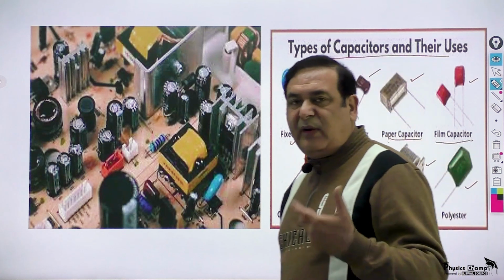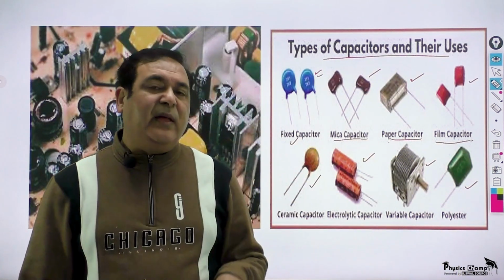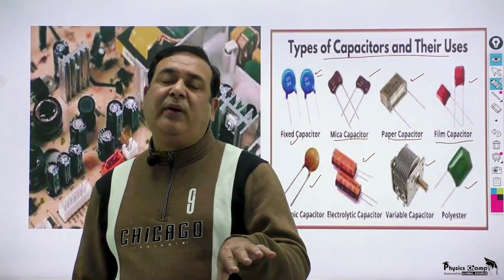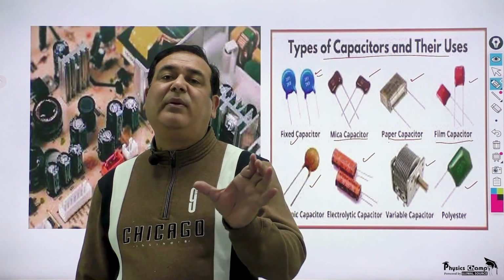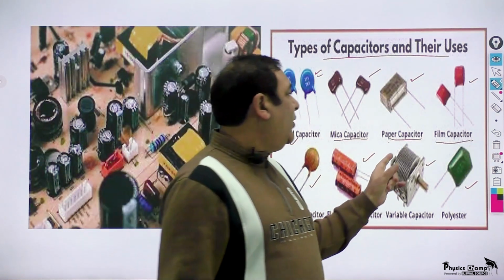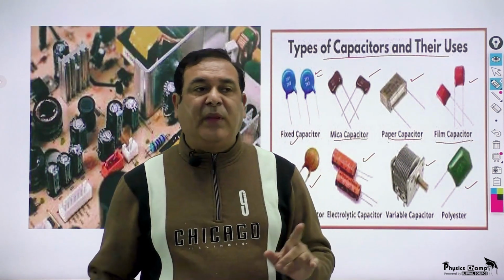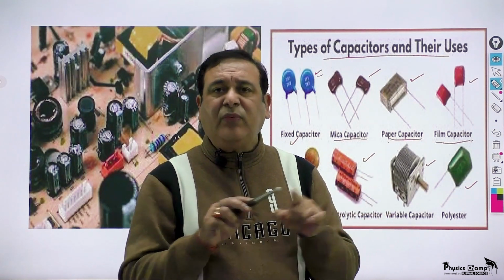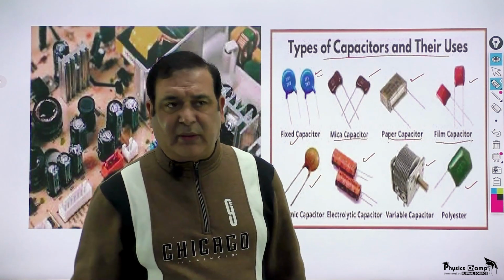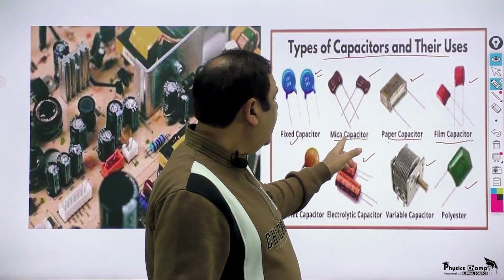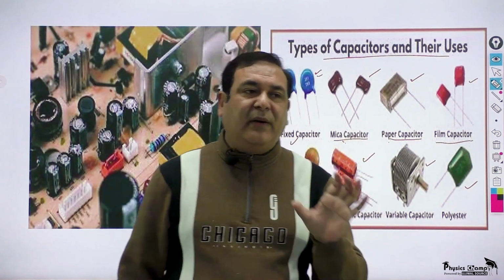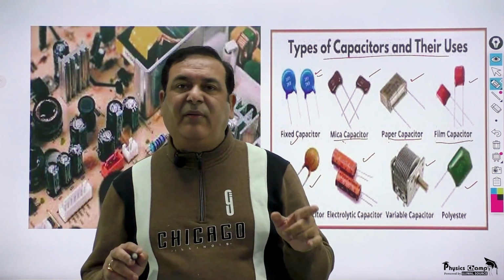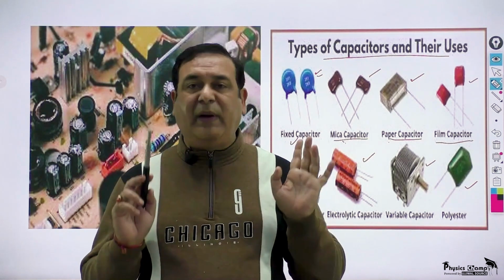They are used for different purpose, and mainly they are named after kind of dielectric that is filled between them. For example, if you have a paper capacitor, it means there are two conductors and it is the paper which is filled as a dielectric between the two conductors. If you have mica capacitor, it means it's a capacitor where mica is filled between the two plates.